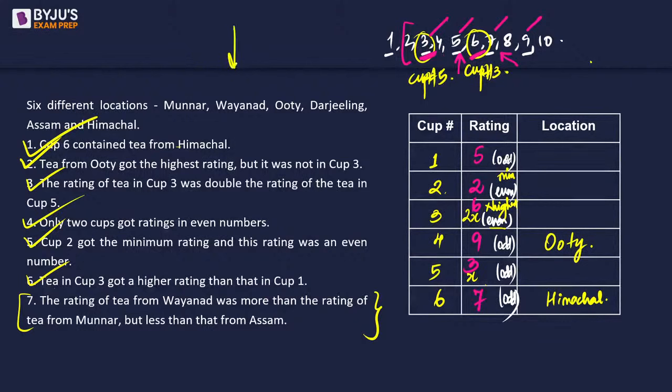If I say that this is increasing rating, so tea from Wayanad was more than that from Munnar, but it was less than that from Assam, right? So the sequence is the Munnar rating will be lowest, then Wayanad and then Assam. So that is the sequence in which the tea ratings will increase.